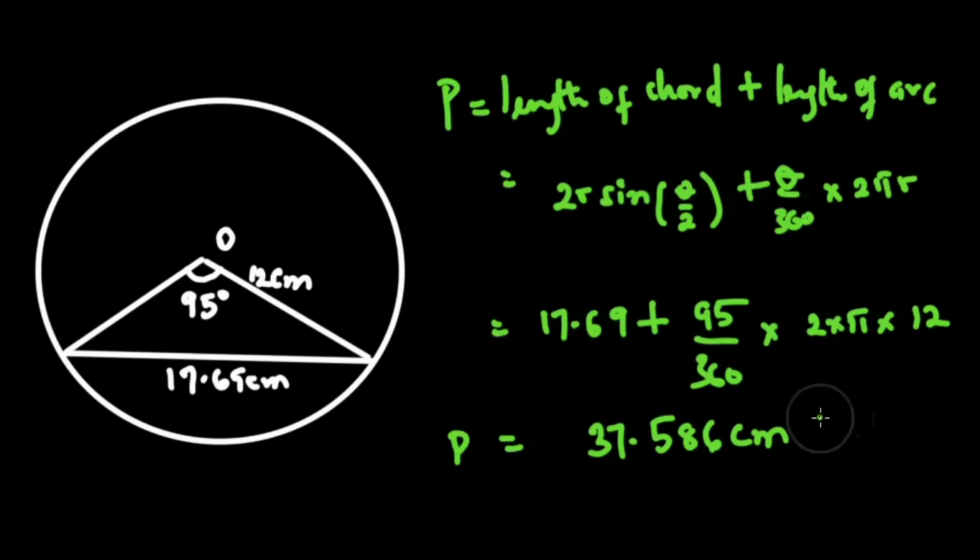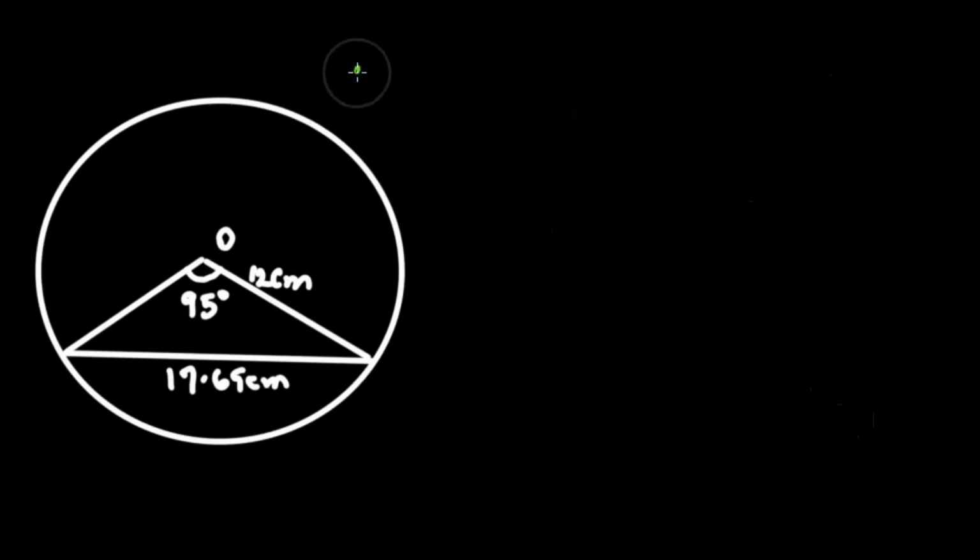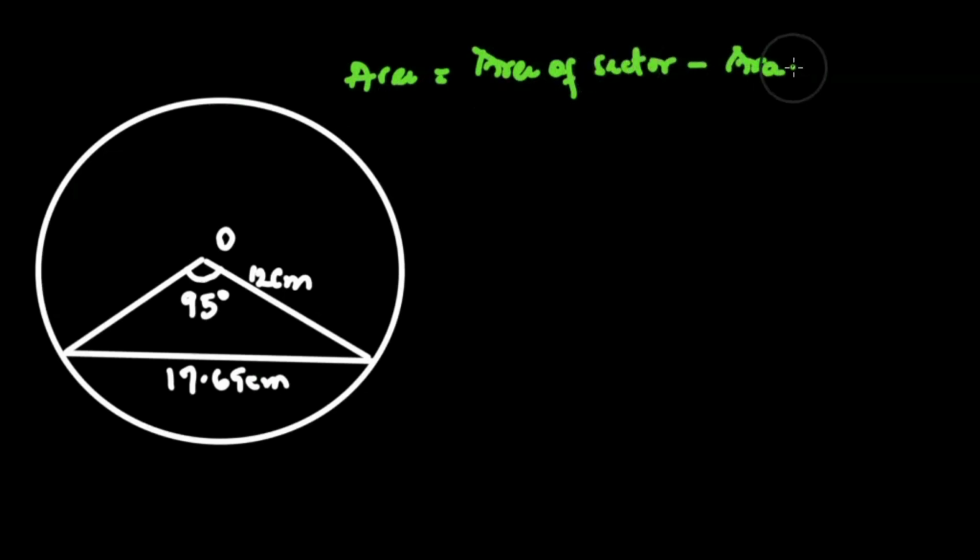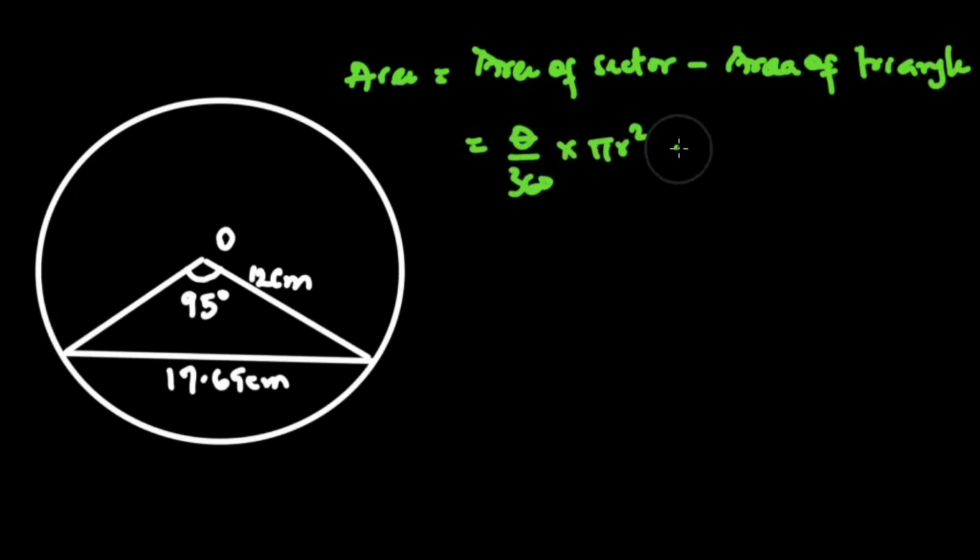Alright, next thing is to calculate the area of the segment. The area of the segment is simply the area of the sector minus area of the triangle. So area of sector is theta over 360 times pi r squared minus area of triangle, which is half r squared sine theta.